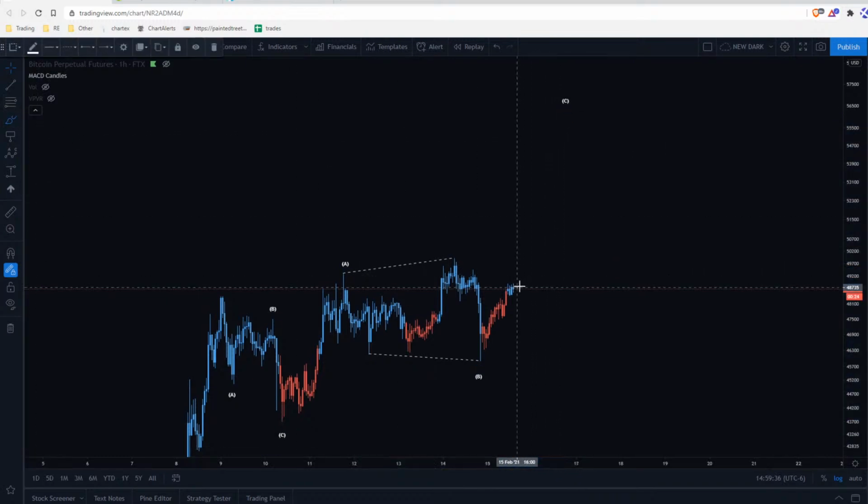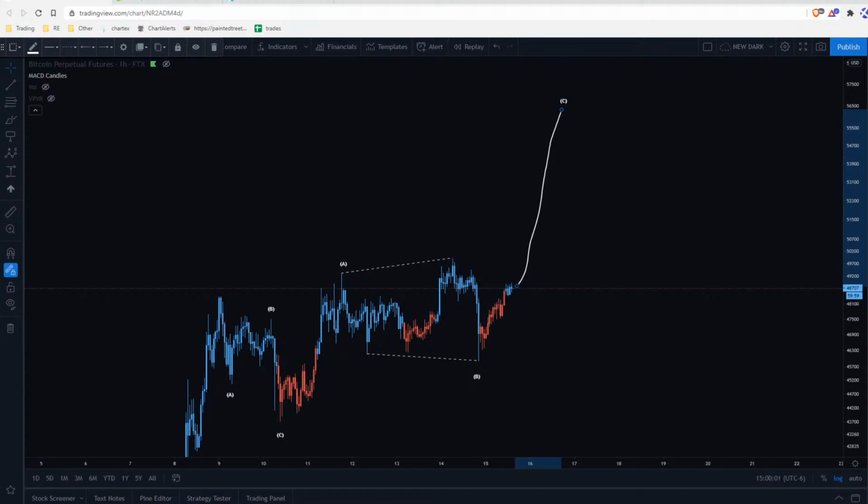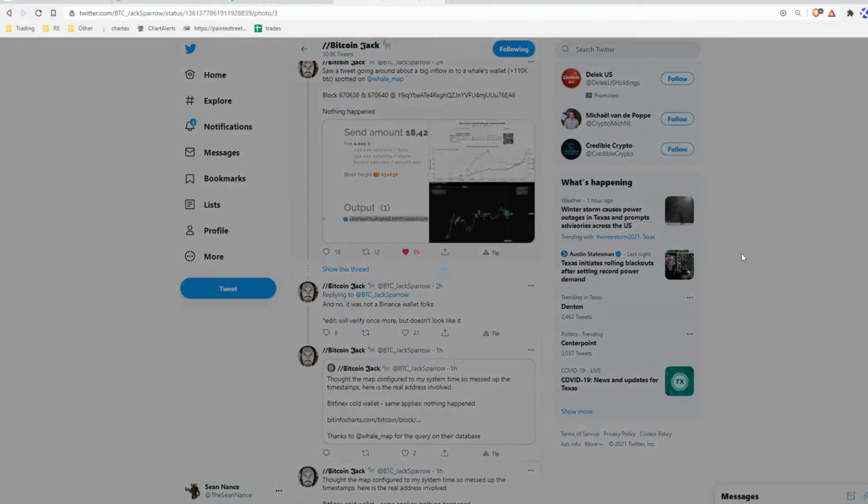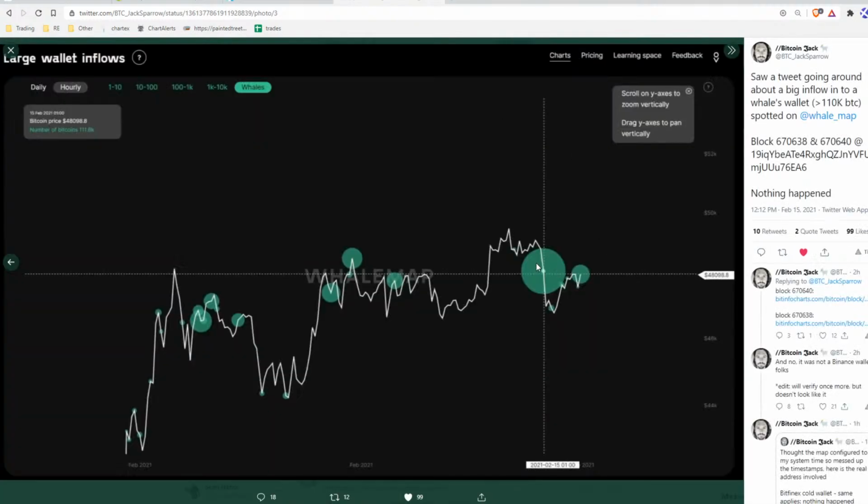Maybe we get some news that somebody accumulated. Y'all probably saw the tweet today about the whale, whatever it is. Let me find Jack's. They were saying somebody bought 5 billion, but really it was only a Binance internal move.